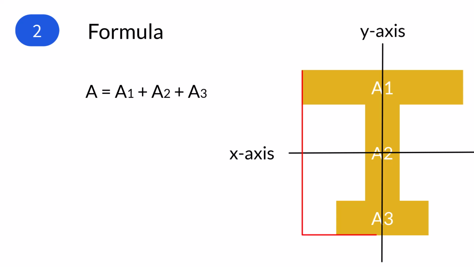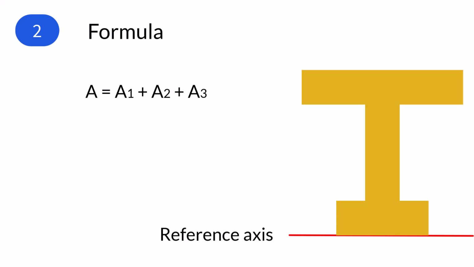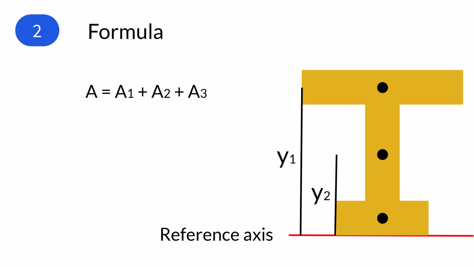Since for the asymmetric eye section we need to do calculations about x-axis, let us take the bottommost line of eye section as the reference axis. Now we need to define moment arm from the centroid of each small area up to the reference axis. Let us suppose y1 is the moment arm of area A1, y2 is the moment arm of area A2, and y3 is the moment arm of area A3.